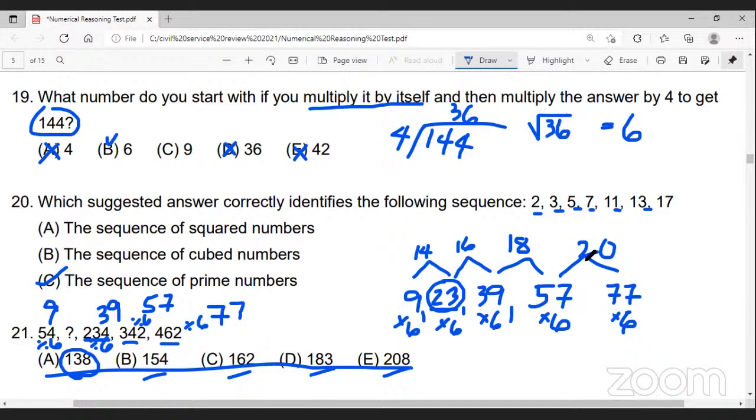This is not just one simple operation that is being involved in the sequence. So yes, we try to divide it by 6. After dividing by 6, we still need to observe among the results that they have the differences 14, 16, 18, 20. So the pattern is skip counting by 2, di ba?